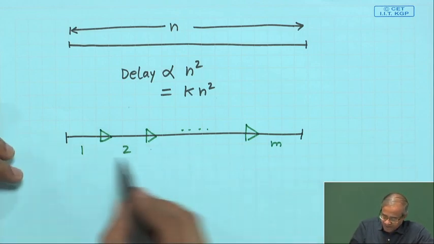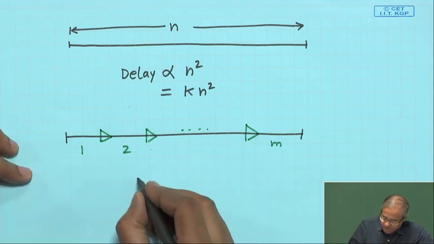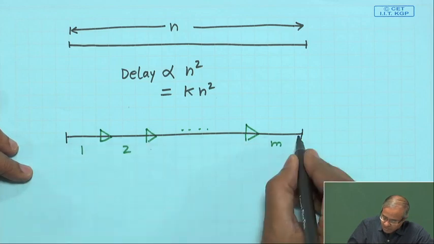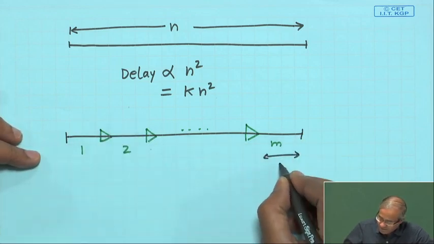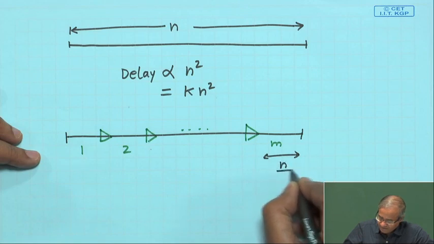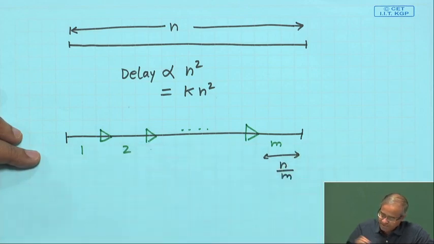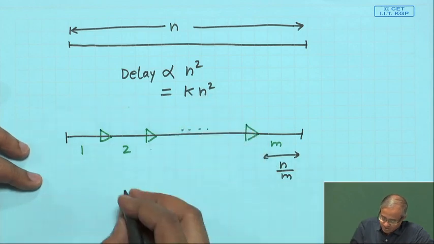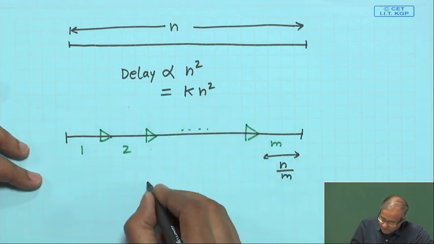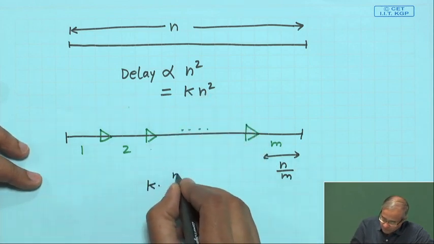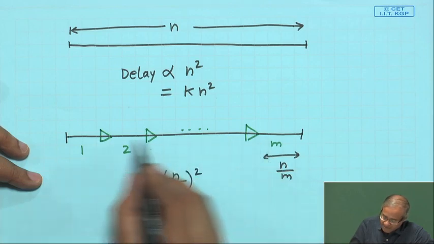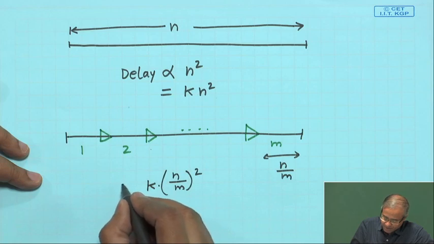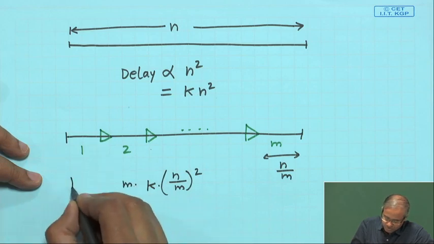Now, delay of every segment will be how much? Total length was n, so the length of each segment will be n divided by m, because there are m such pieces I have made. So, delay of each segment will be k into n by m whole square, and there are m such segments, so multiplied by m, this will be the delay here.